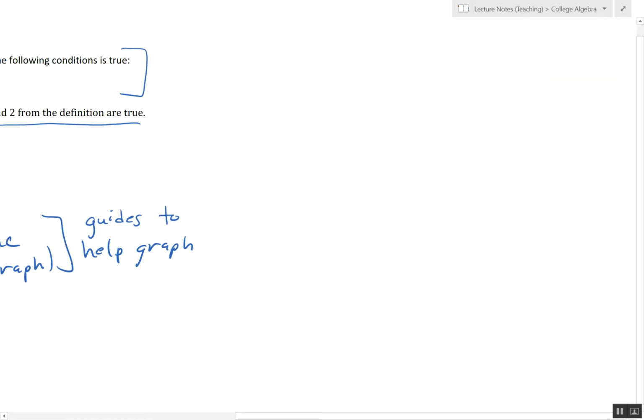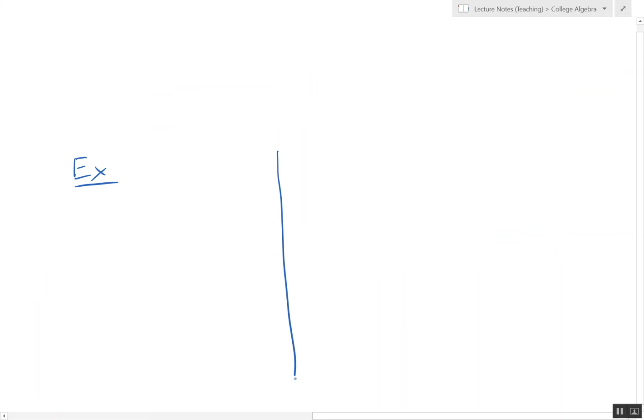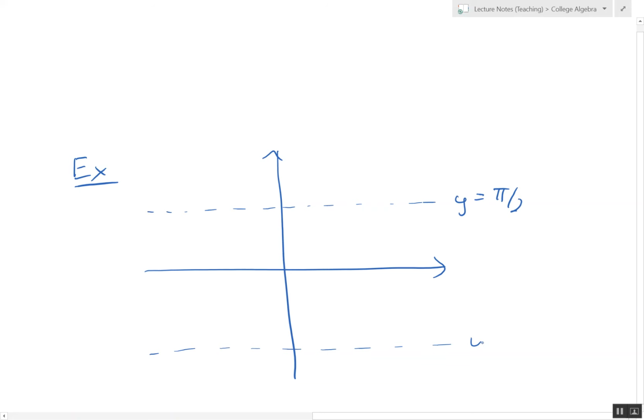Another example here, which is an example from trigonometry that you will see if you take that course, is the xy plane, and there's this function whose asymptotes, one of them is y equals pi over 2. The other one is going to be y equals negative pi over 2, and the function looks like this.